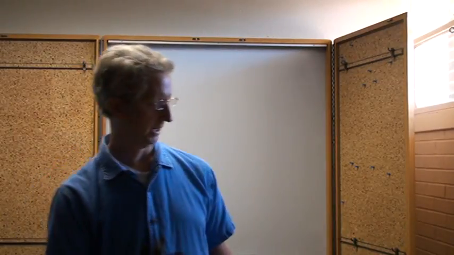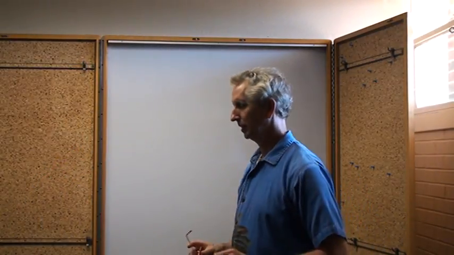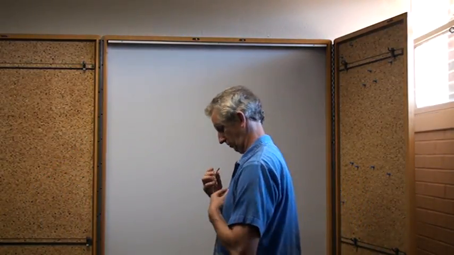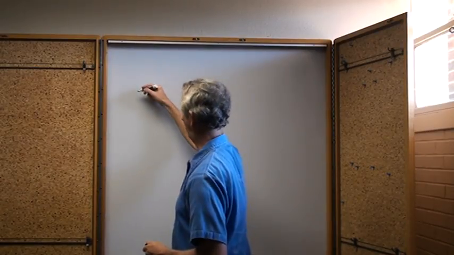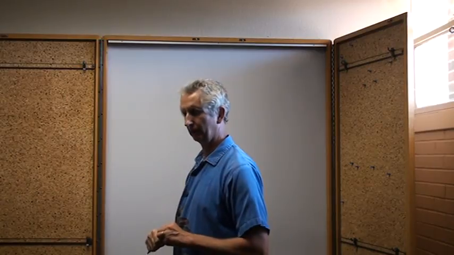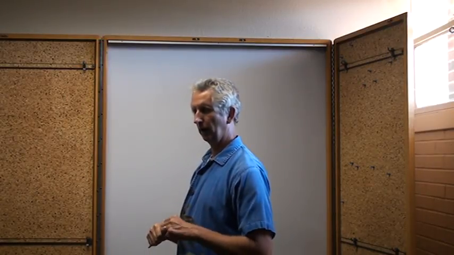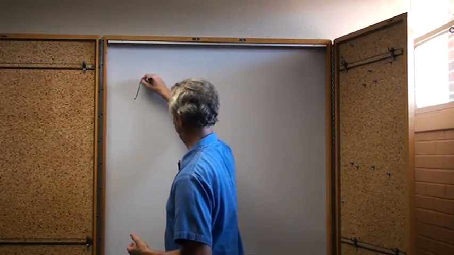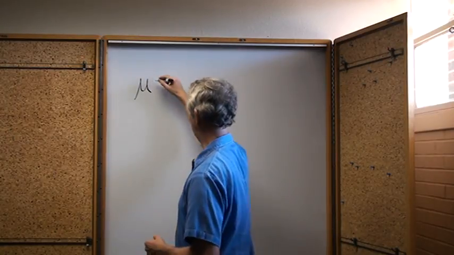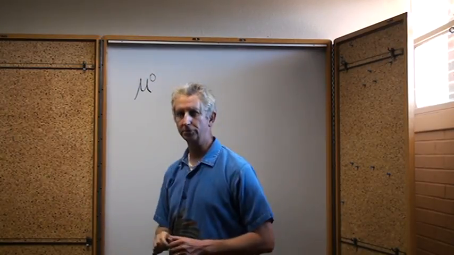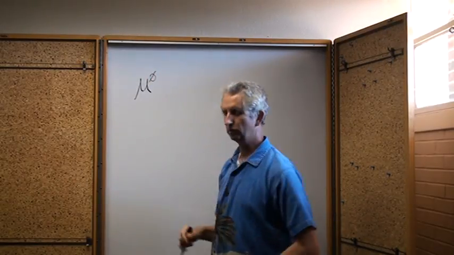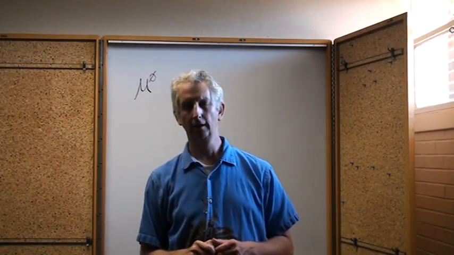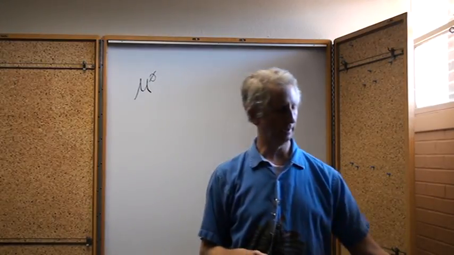If we're talking about the population, and again, you see different types of symbols being used in different sources, but I've often seen the dependent variable in a linear regression analysis denoted by the Greek letter mu with a superscript 0. And very often you'll see that used as the notation for a dependent variable in the population.